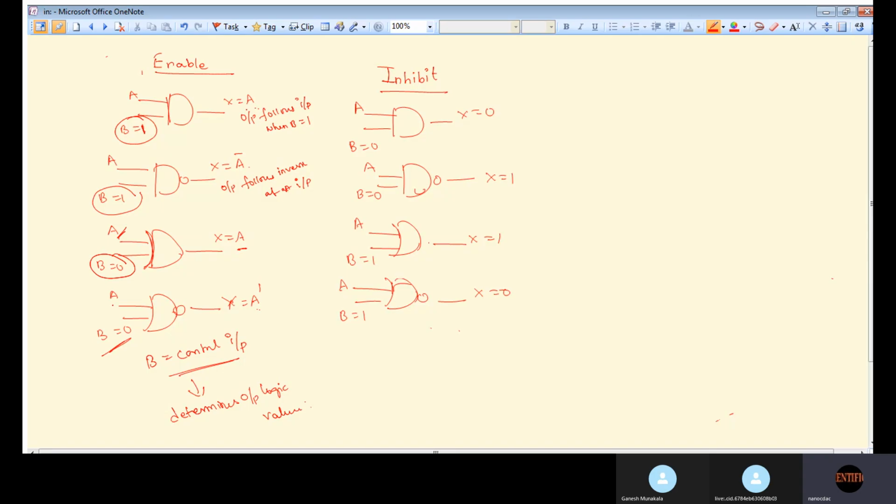If the signal is enabled, the output follows the input. In the case of the AND gate, when the signal is enabled, the output follows the input.